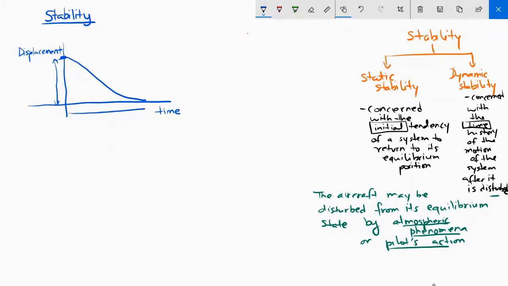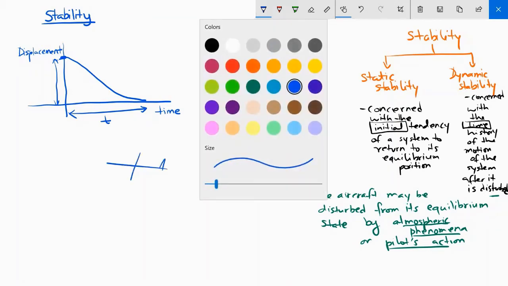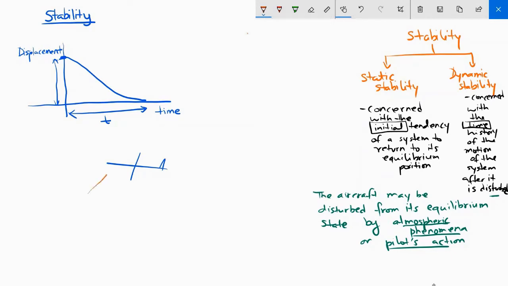So let's say it comes back to equilibrium after some time t, and it does that just without any oscillation. So let's say the aircraft is flying at some angle of attack, and then a gust of wind came and hit the fuselage and the wings, and now the aircraft is slightly rotated, slightly pitched up by an additional angle of attack. So there is a change in angle of attack by delta alpha. Okay, so this displacement is your delta alpha, for instance.